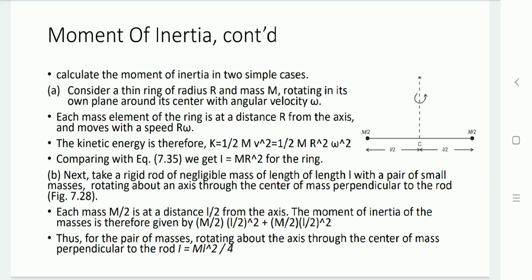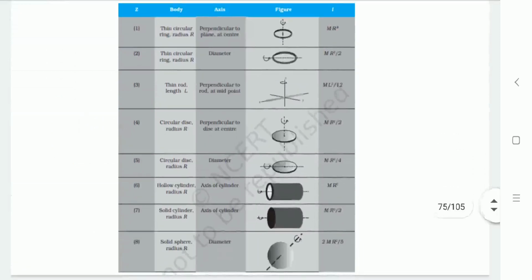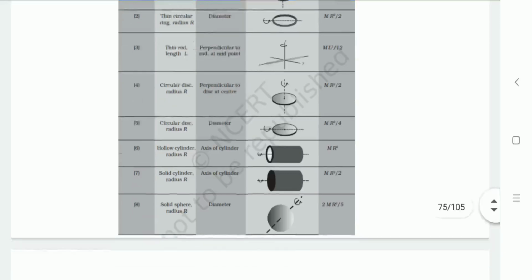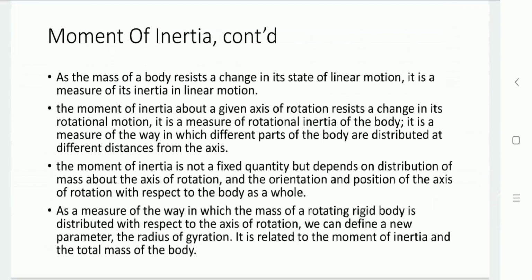Here in the diagram, in the table, we have a number of figures in which the moment of inertia has been calculated for different shapes and with respect to different axes. As the mass of a body resists a change in its state of linear motion, we can measure its inertia in linear motion.